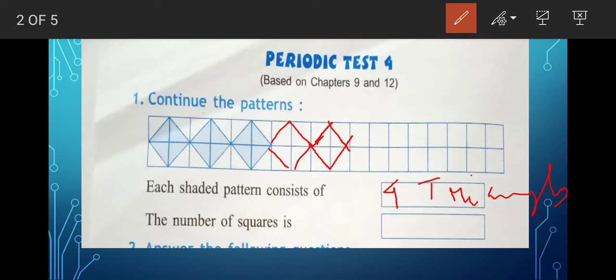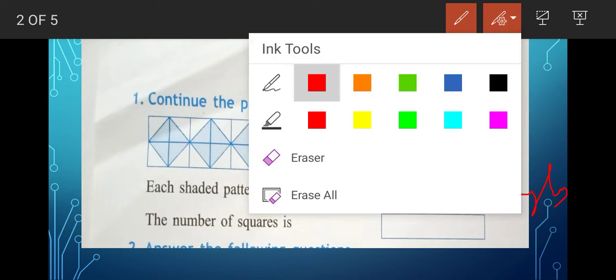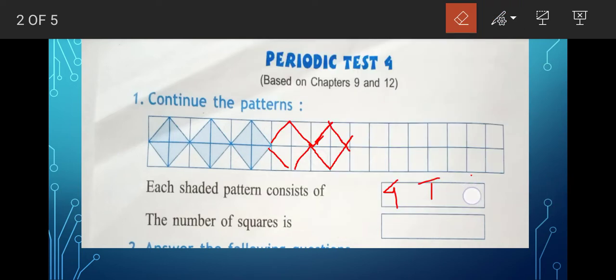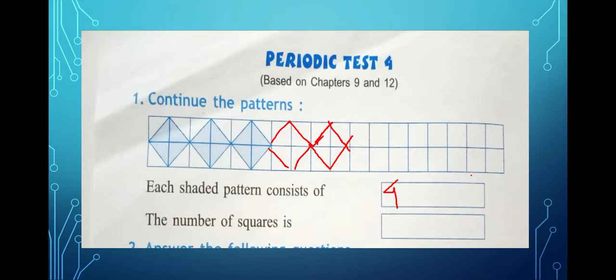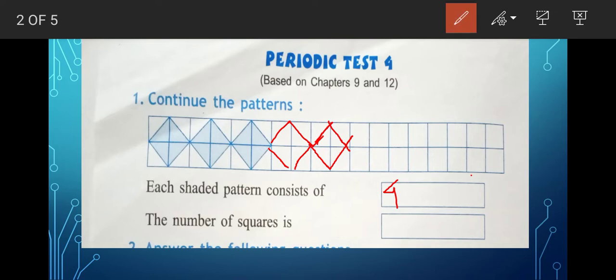Spelling is T R I A N G L E S, triangles.